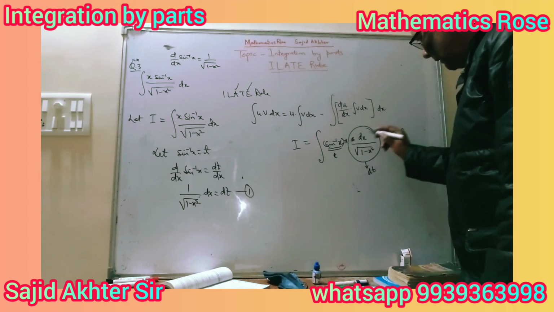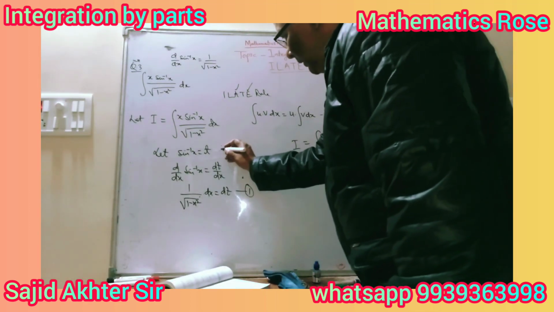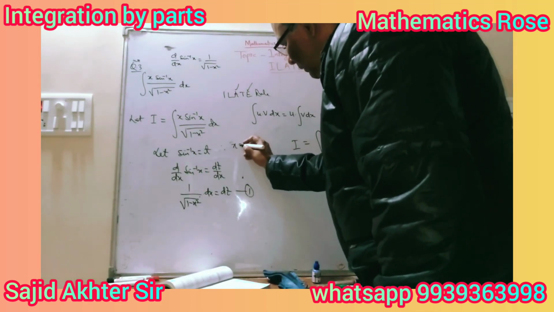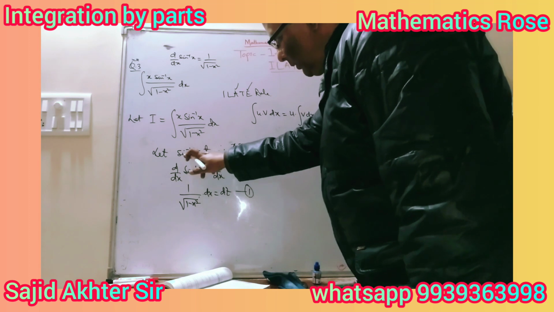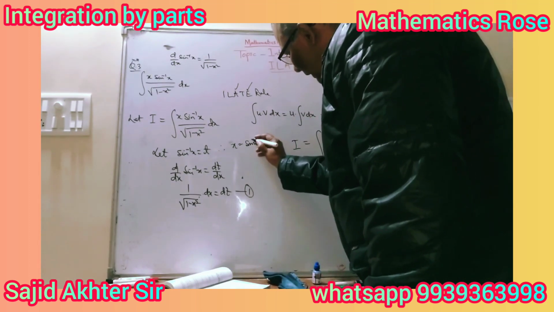So this whole thing is dt, and in place of x, the inverse is taken, so sin inverse will come. So x is equal to sin t.